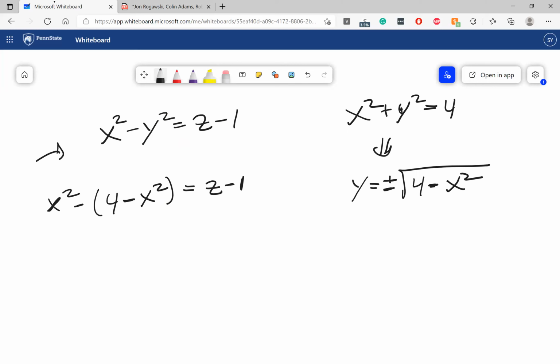So now we get z is going to be equal to 2x squared minus 4 plus 1, so plus... sorry, minus 3.